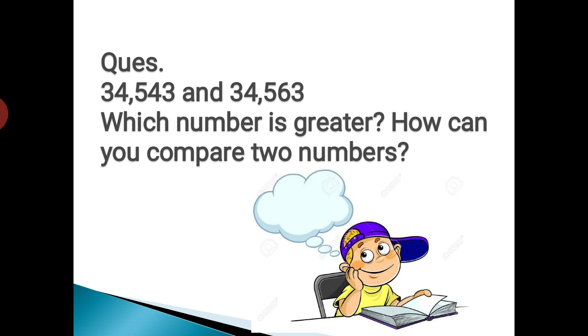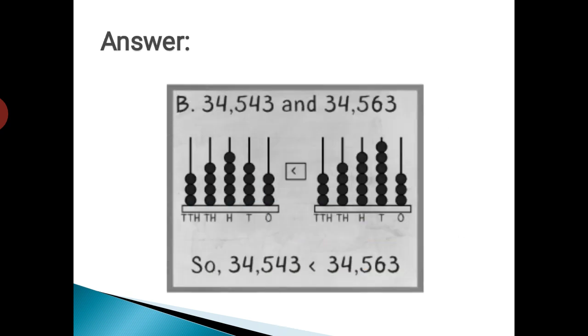Just think by looking at each digit. Yes, so here 34,563 is greater than 34,543. You can actually look at the abacus also. There is a picture of an abacus representing both the numbers.